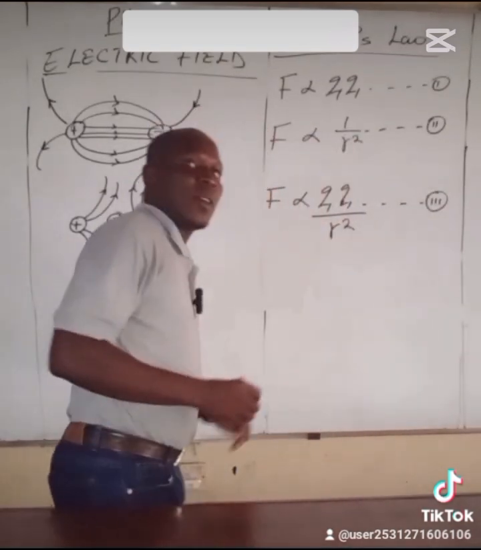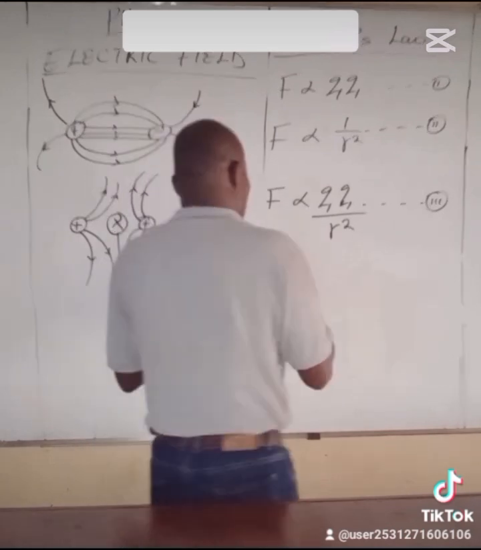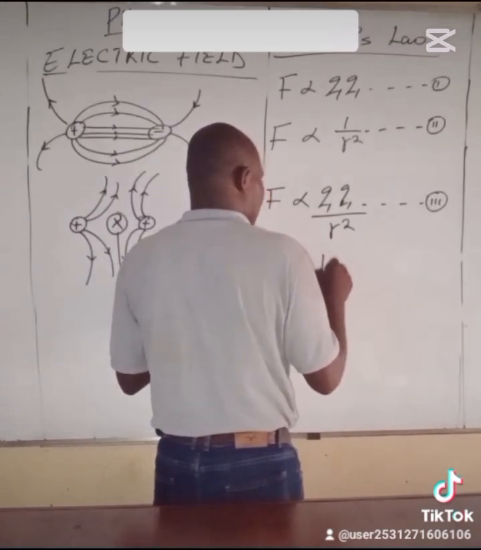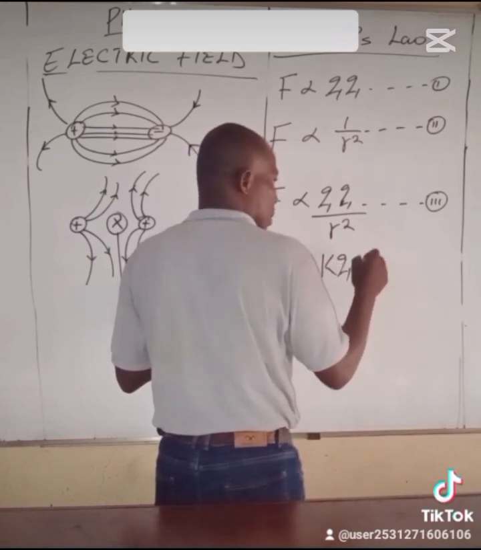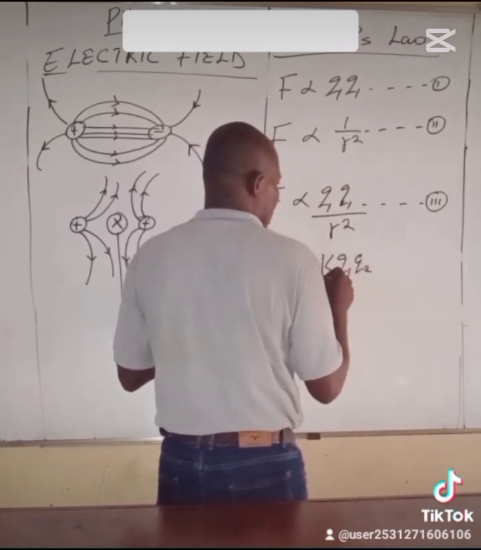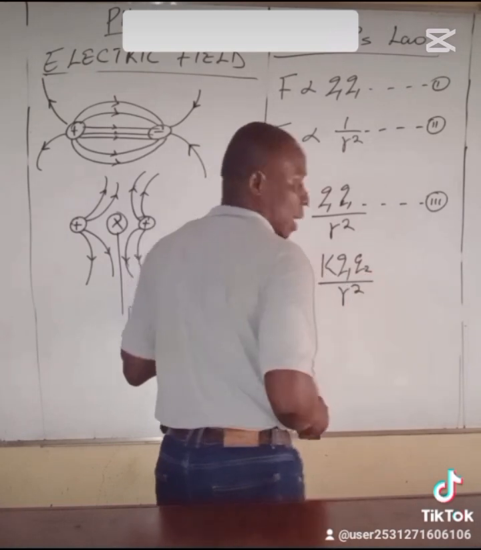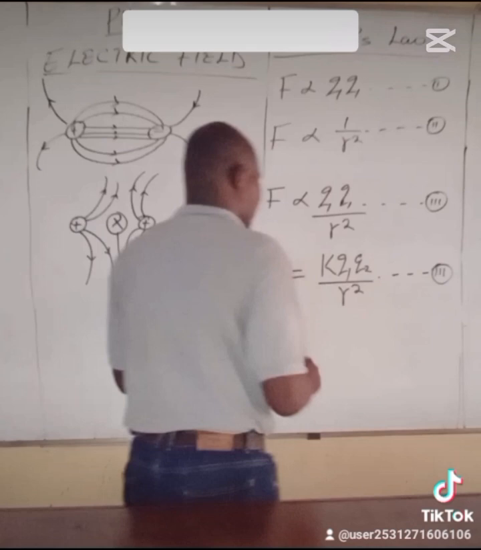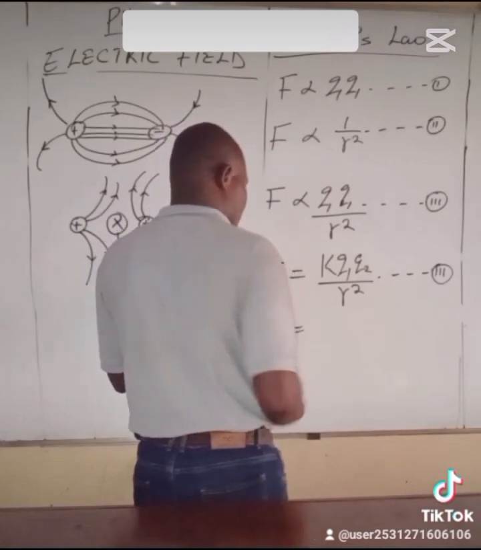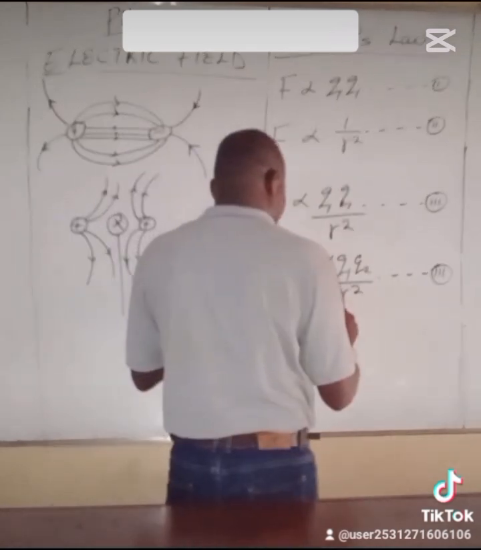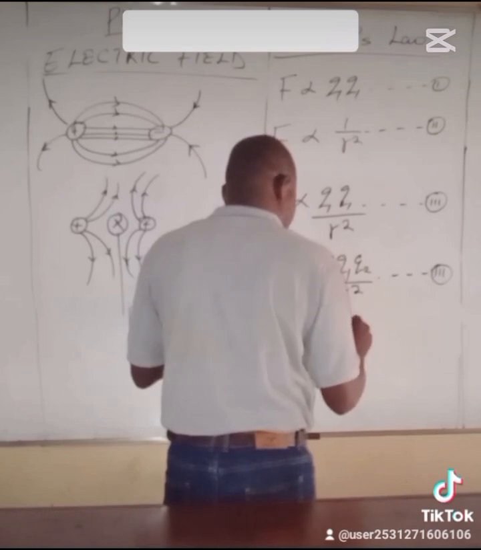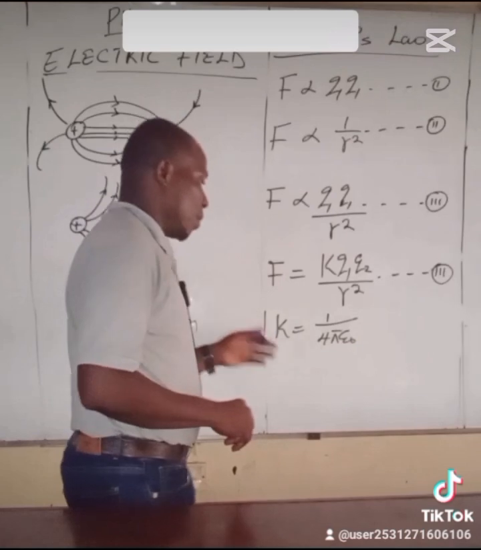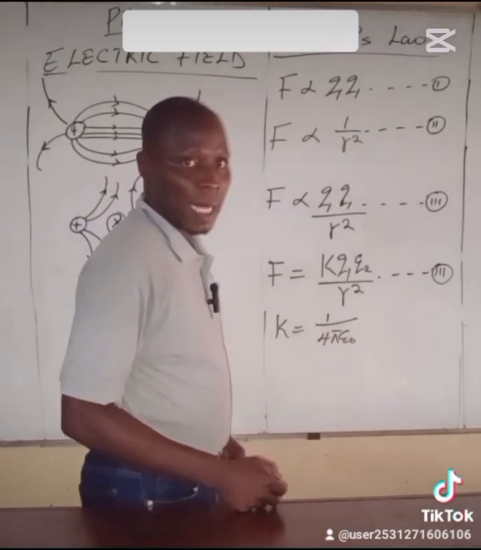Okay, if we remove this sign of proportionality, we introduce a constant, and that constant becomes K, so that we have F equals K Q1 Q2 over the square of their distance of separation, where K is a proportionality constant, which is equal to 1 all over 4 pi epsilon naught.